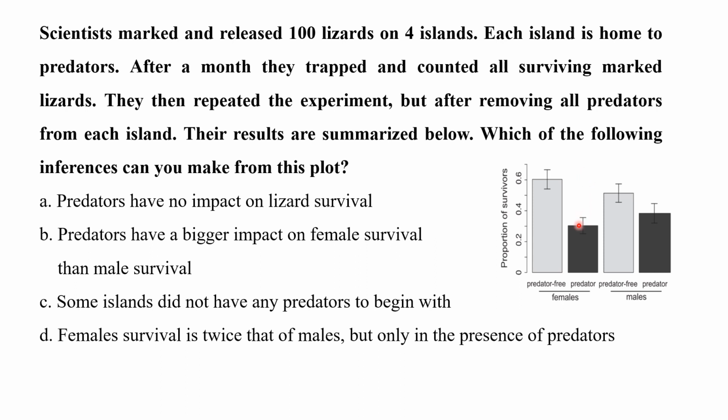So the number of female lizards is decreasing more than the number of males. So option D is also wrong. It says that the female survival is twice as that of males, but it is not true. So option B is correct. That is, predators have bigger impact on female survival than male survival.